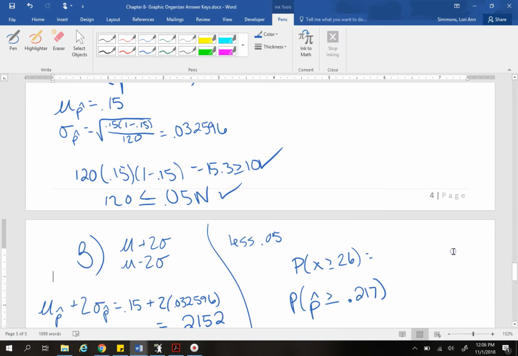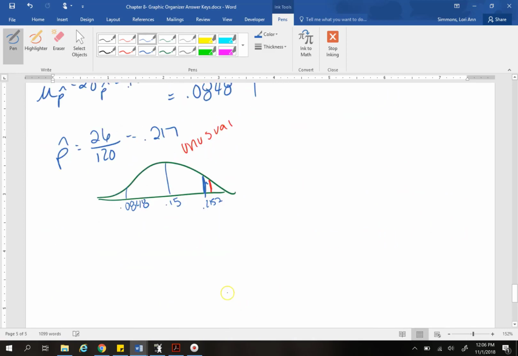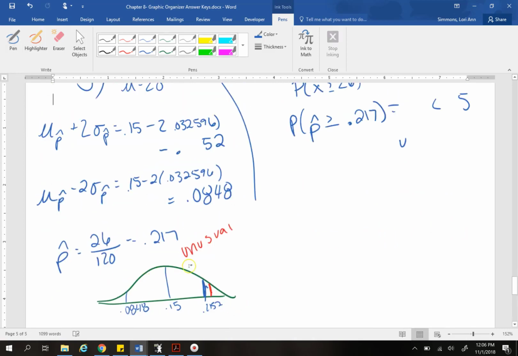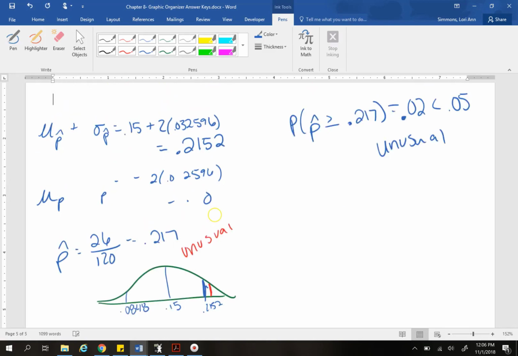So 0.02. And that is less than 0.05, so that is unusual. Okay, so either way you do this, your homework might ask for a specific way.